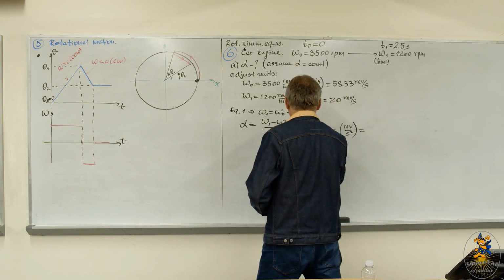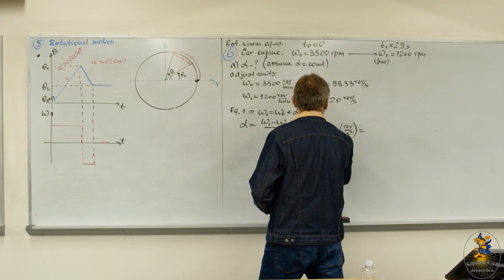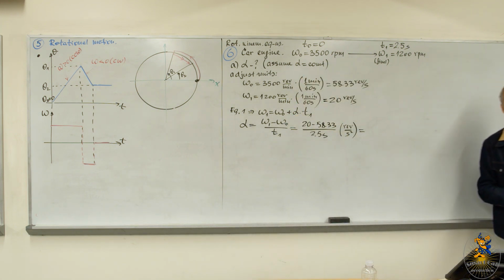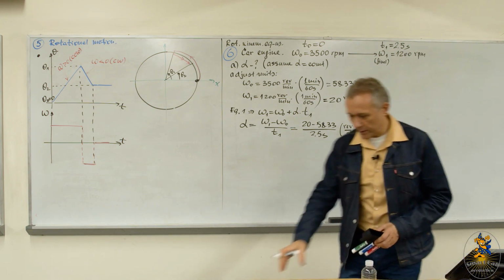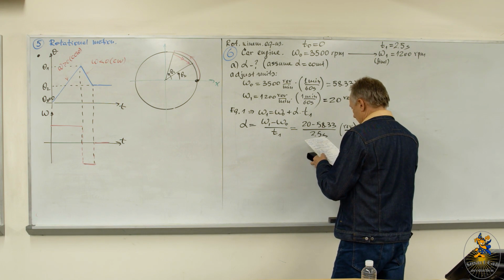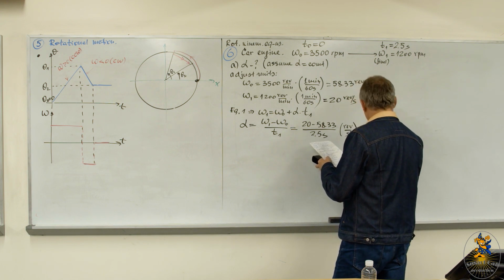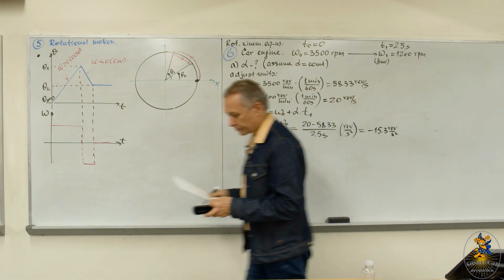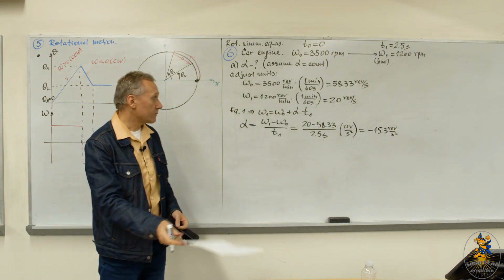So it's 20 minus 58.33. Okay, this is correct. And of course now the answer is minus 15.3 revs per square second. So negative, yeah, makes sense.